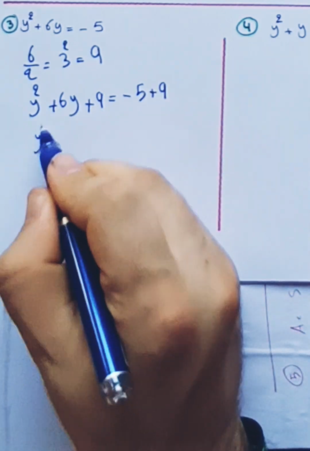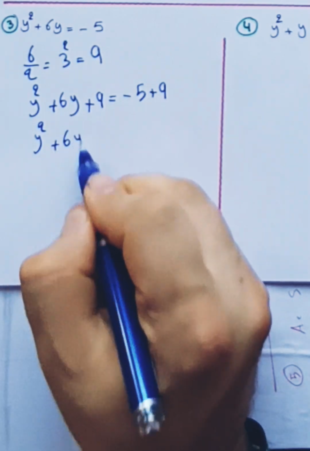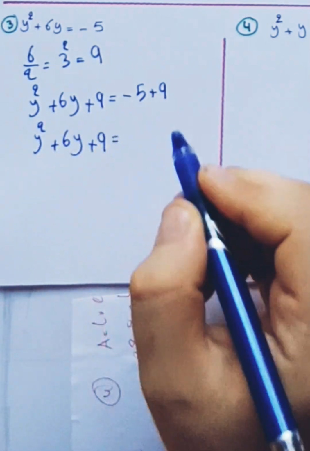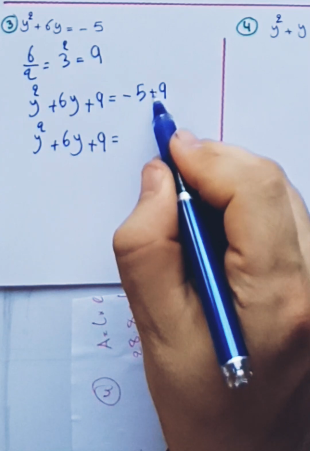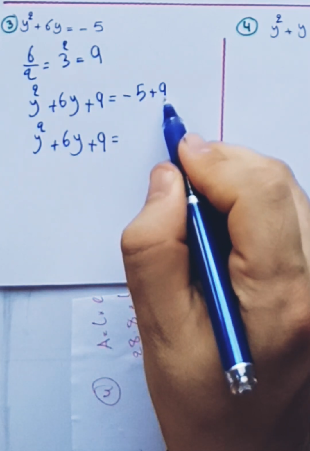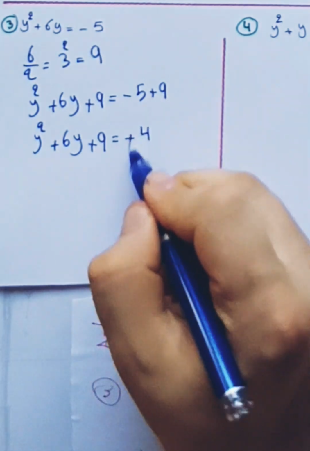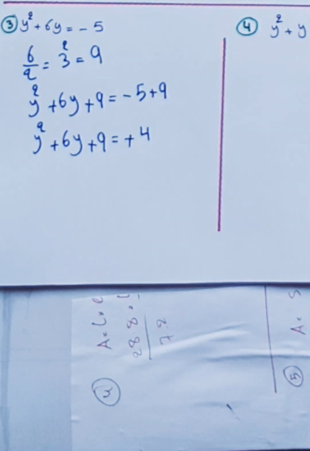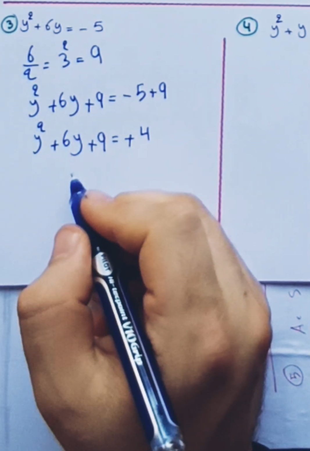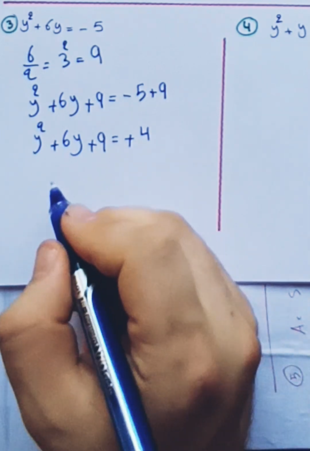Negative 5 plus 9: minus times plus is minus, so we have to subtract. 9 minus 5 is positive 4, because the sign of the larger number is positive. After that, this is a perfect square. We can use the rules for perfect squares.